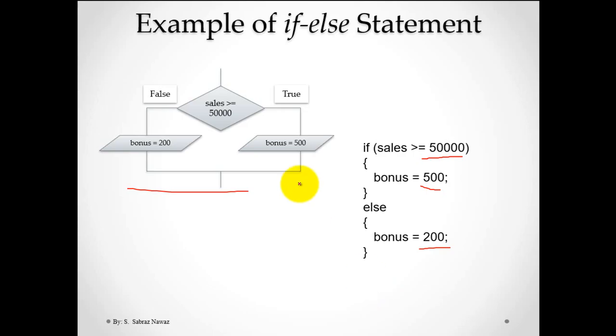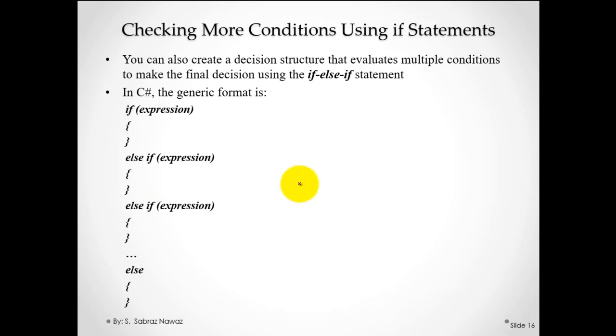Let's open our example and see the structure. So here I have opened another syntax structure, that is if else if. We test the first expression, and the course of activities is taken here, and we can compare another expression, and the statements follow here. Again we can add another expression, and statements could follow here, and it can go as long as you need, and finally we will have an else clause at last.